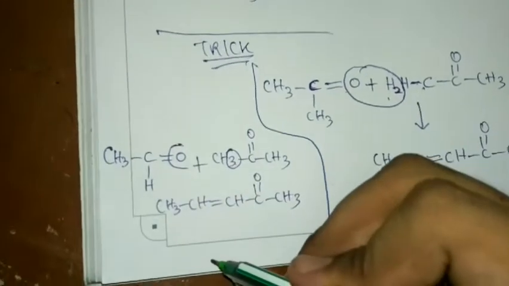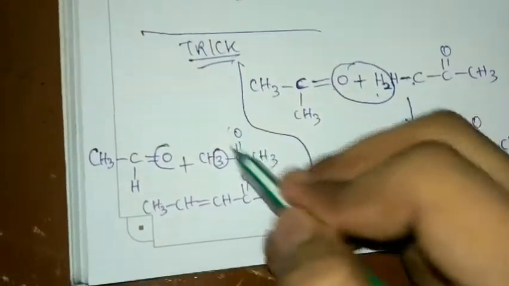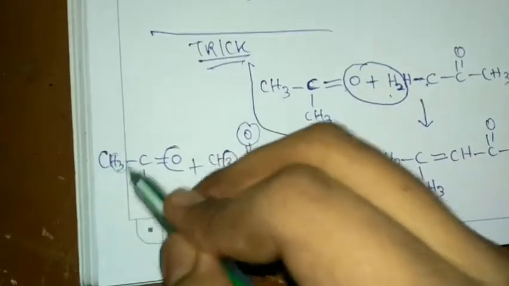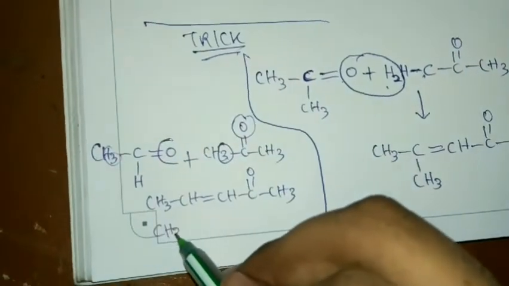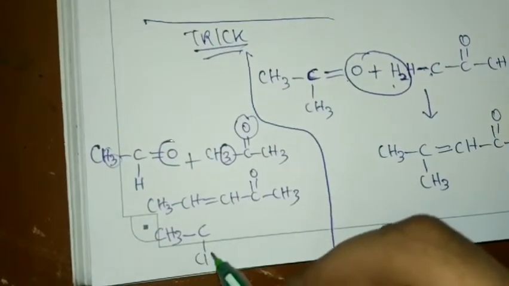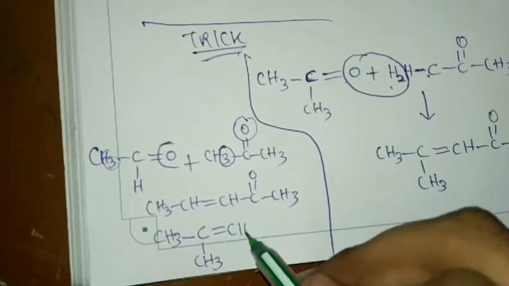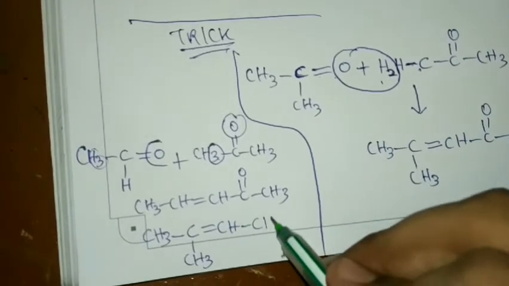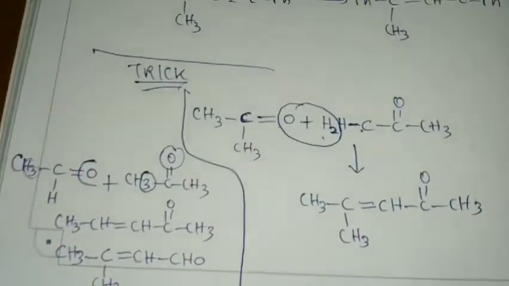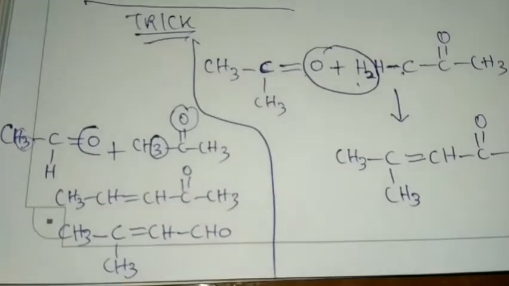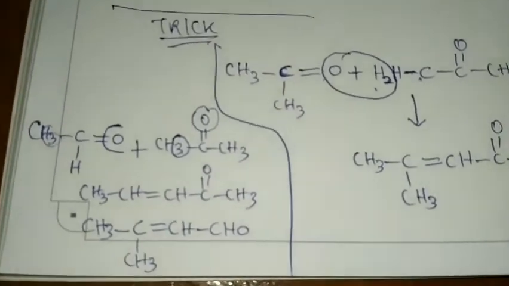And if you want to write the second product, you can remove the oxygen from here and two hydrogens from here. So CH3 C CH3 double bond CH CHO. So this is simple, right? But if you are asked to write the mechanism, they won't ask in board exams, but I would prefer to follow the mechanism.